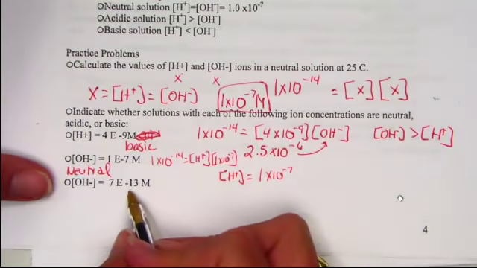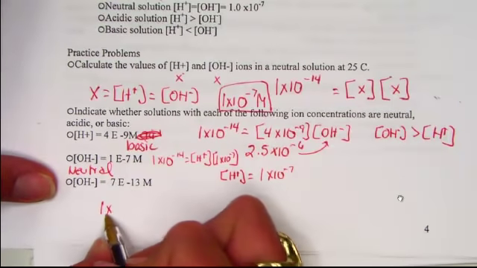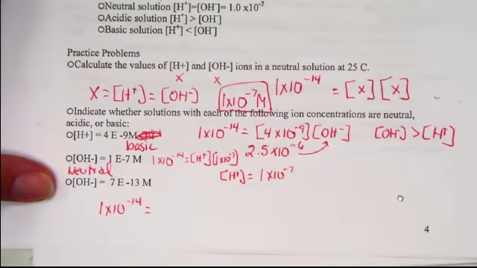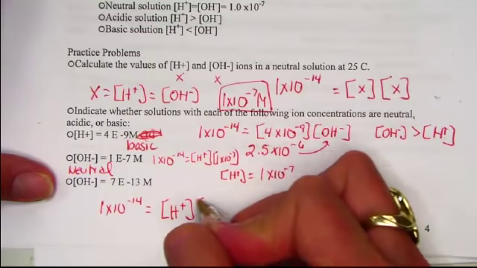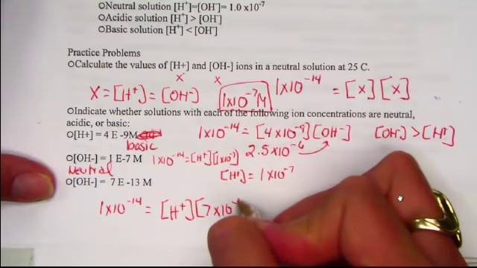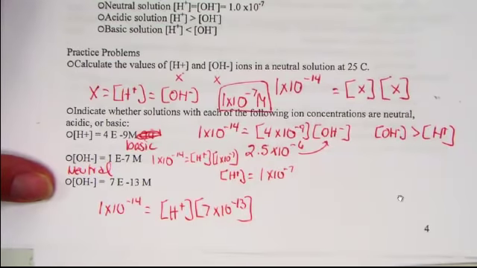The last example provides us hydroxide ion again. The ion product constant is given as 1 times 10 to the negative 14th. Let's pull out hydrogen ion and compare it to the provided hydroxide.